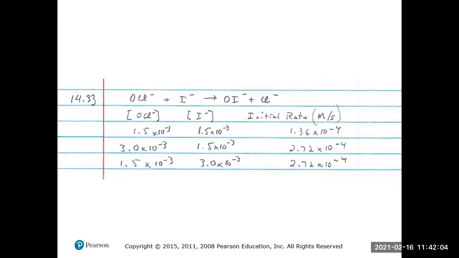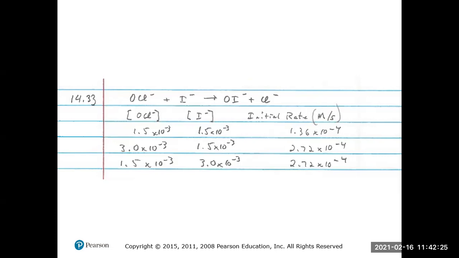If you do that, you see that the rate increased by approximately a factor of 2. So that tells us you double the concentration of OCl minus, you get a doubling of the rate. So that's telling me that I have a first order type of situation.